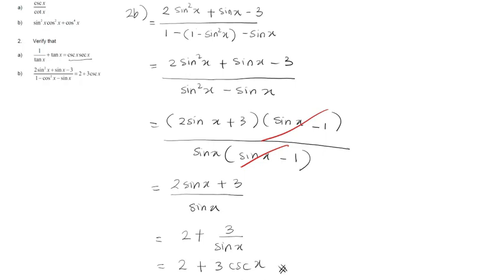So the equation is verified because we can get this equation. Our main point is we want to show that this side is actually equivalent to this side.